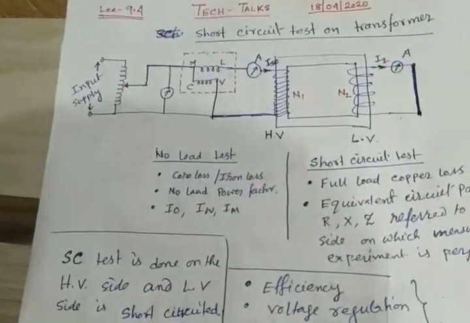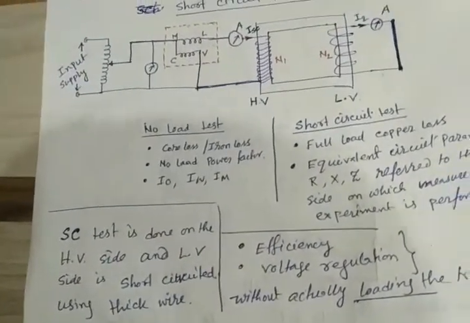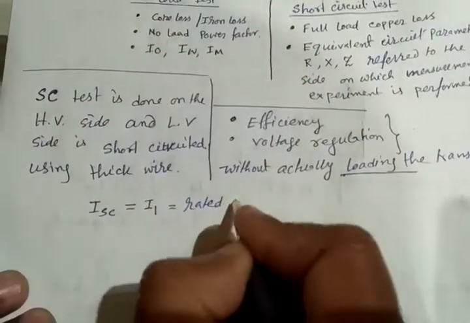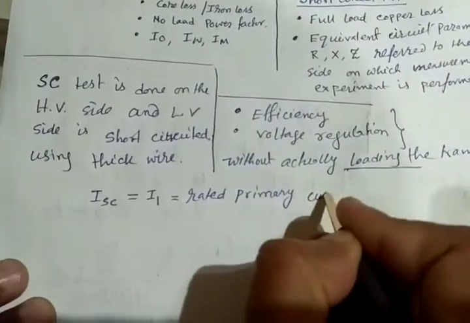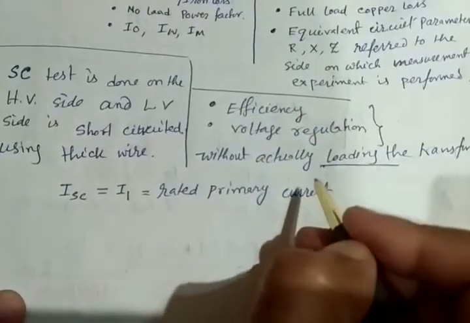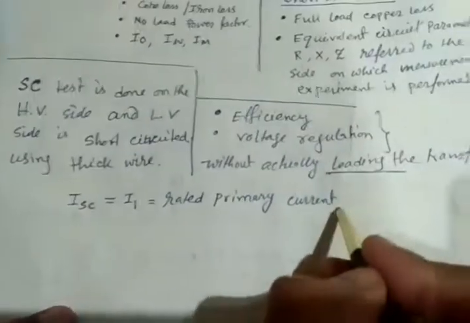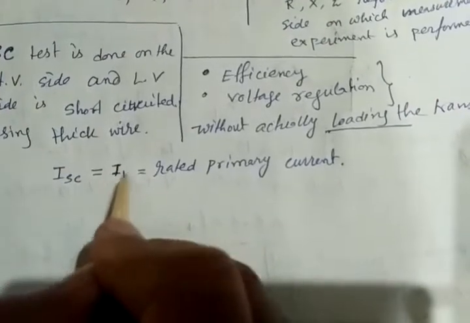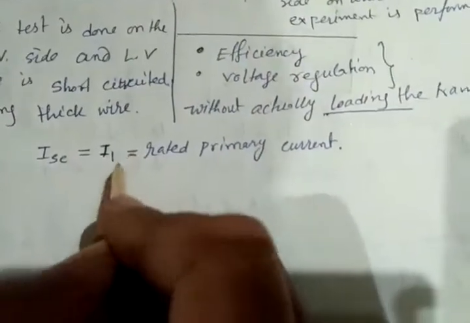ISC is basically nothing but the rated primary current, that should flow when the rated load is applied in the secondary. But we will do it some other way, making sure that the rated primary current is flowing through I1. How we arrive at this, I will tell.